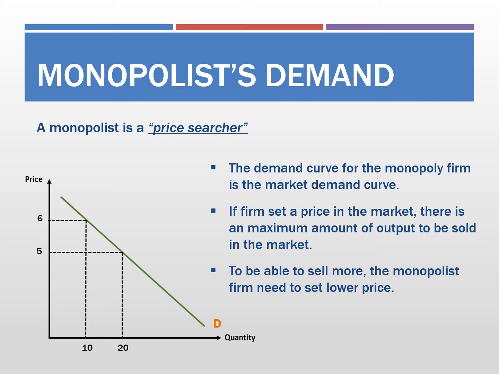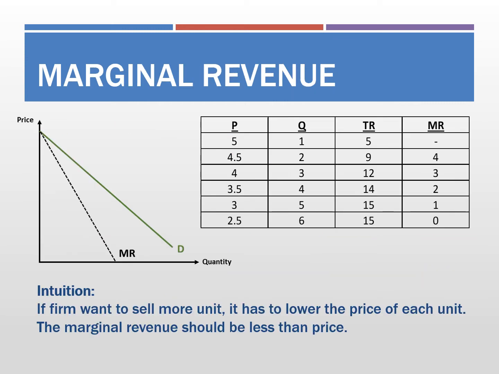Once we understand the monopolist's demand, it helps us to understand marginal revenue. Once we have the demand curve of the monopoly firm, we can derive the marginal revenue curve. As you can see in this example, we have the P and Q columns representing the demand curve, the green line. To calculate total revenue, we use the price of the product times the quantity of the product.